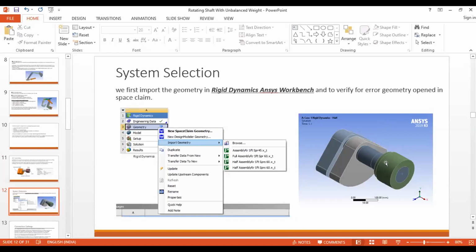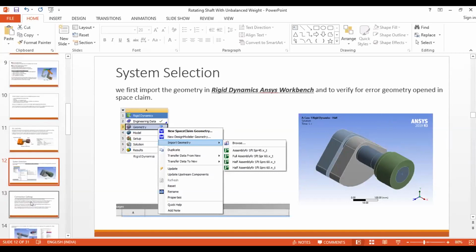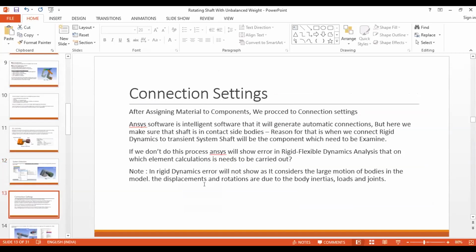I already cut my geometry into half, and then I imported it into my rigid dynamics. You can cut the geometry in SpaceClaim too, no worries. For connection settings, after assigning material to components, we can assign any material, so no need to focus on that.